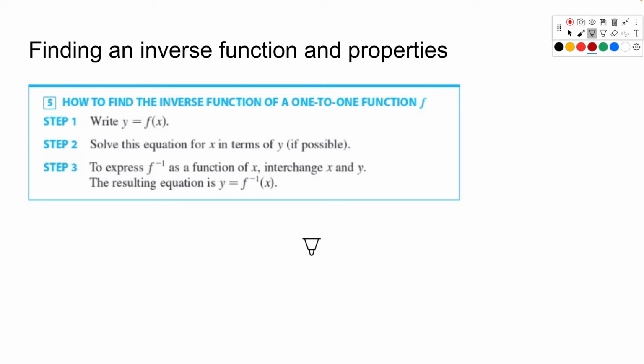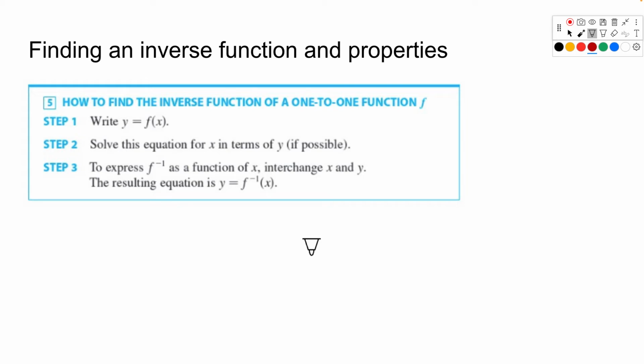Okay, so these are the steps that the textbook gives us. Basically what I did, but I do step 3 as step 2, and then I swap step 2 and step 3. They say write it as y equals f of x, just so the notation's a little easier to work with. Solve the equation for x in terms of y. I do that after I swap them, and they say to swap them after.